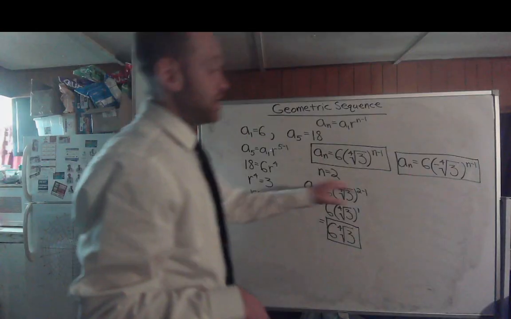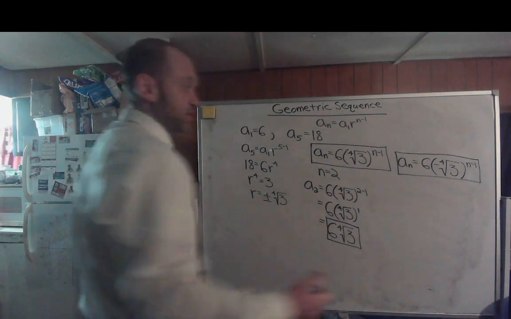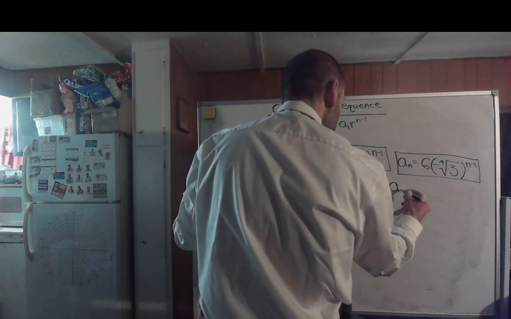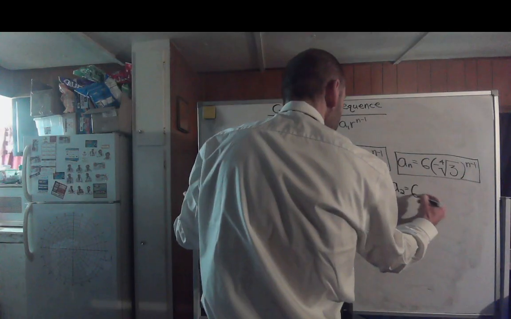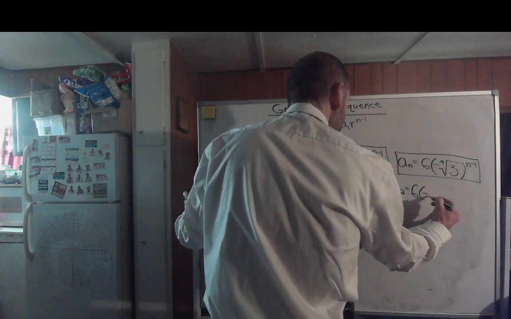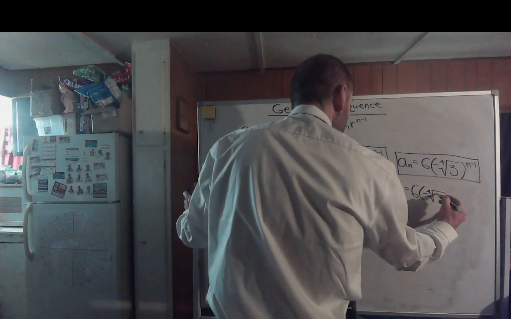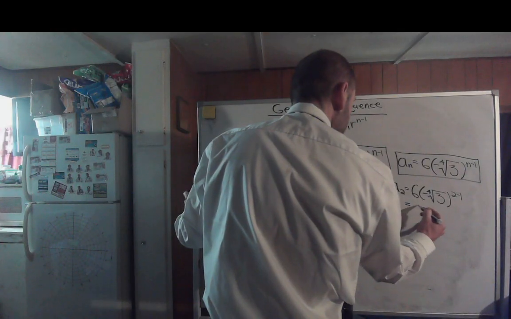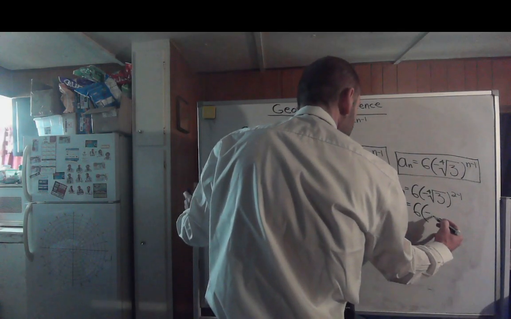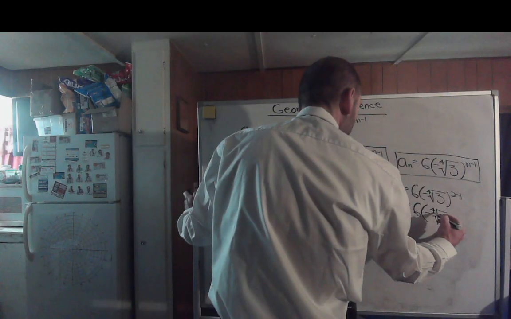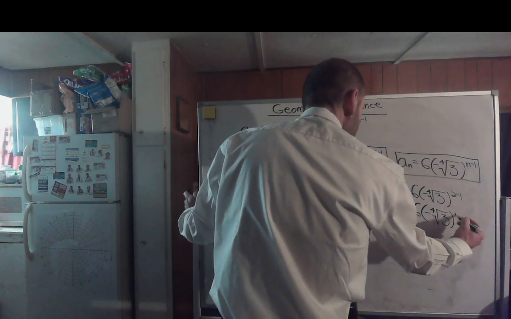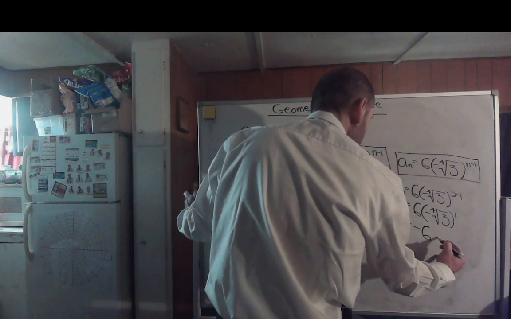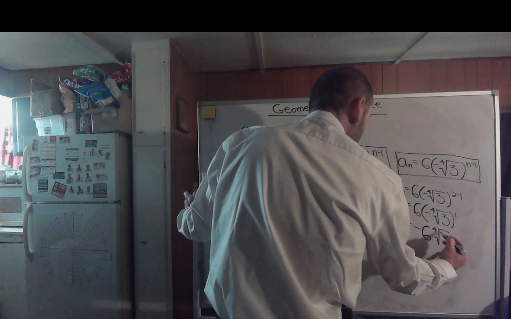And then we have another possibility for the second term if we use the negative common ratio. So a sub 2 would equal 6 times my negative fourth root of 3 raised to the 2 minus 1 power, which would give me 6 times my negative fourth root of 3 raised to the first power, which would just give me negative 6 times the fourth root of 3.